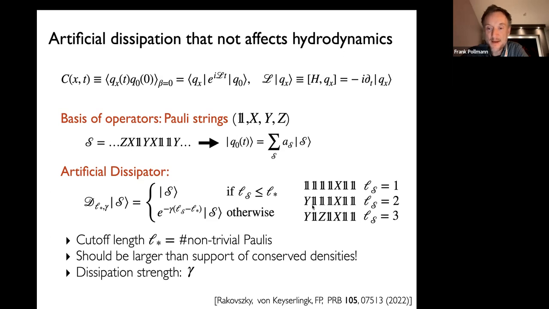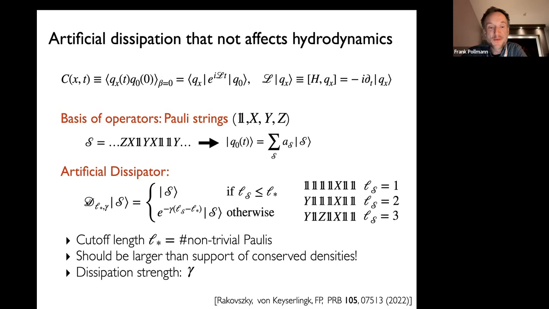The second example has a Pauli Y, then an identity, then a Pauli X. Here LS equals 2 because we have 2 non-trivial Paulis. It doesn't refer to the distance between those; it just corresponds to how many non-trivial Paulis we have in a given string. The last example has LS equals 3 because we get 3 non-trivial Paulis.